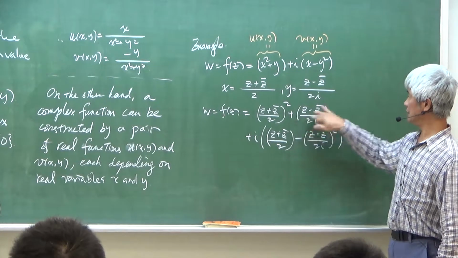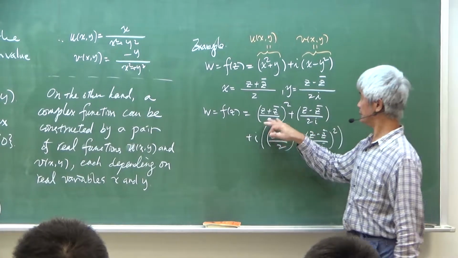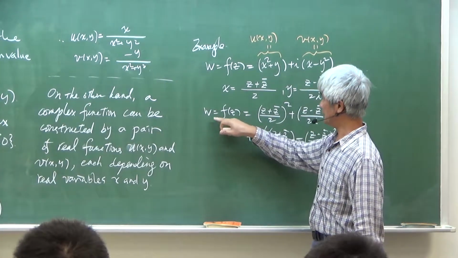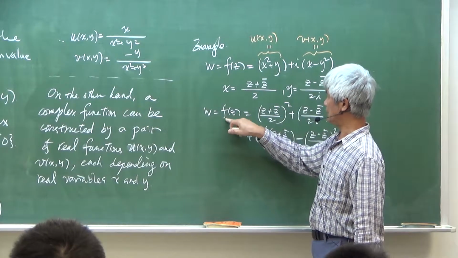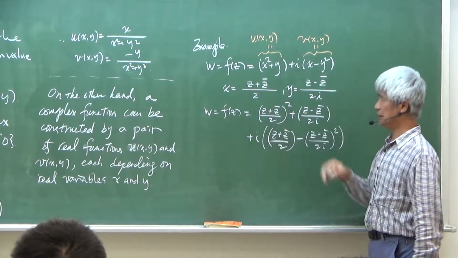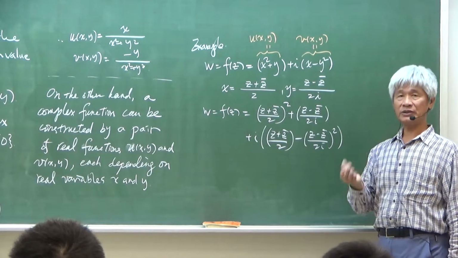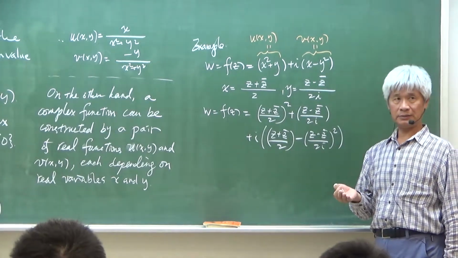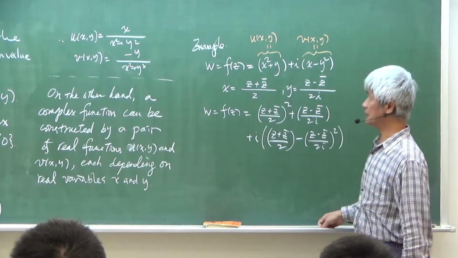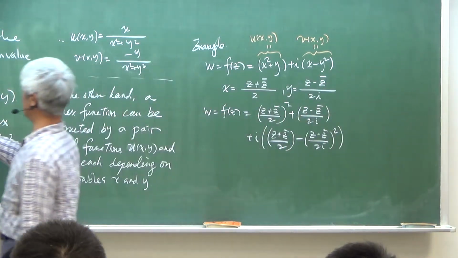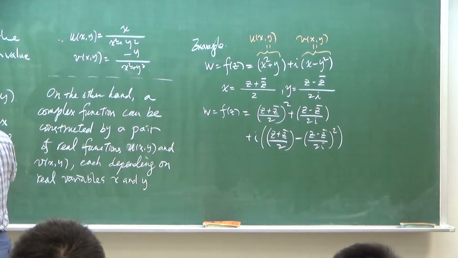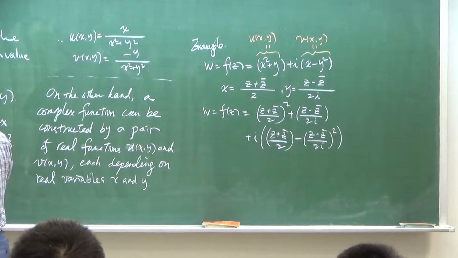Now you can see that we can express the complex function by using z, because z bar is a function of z. For example, here you can write this as z squared and then z bar.